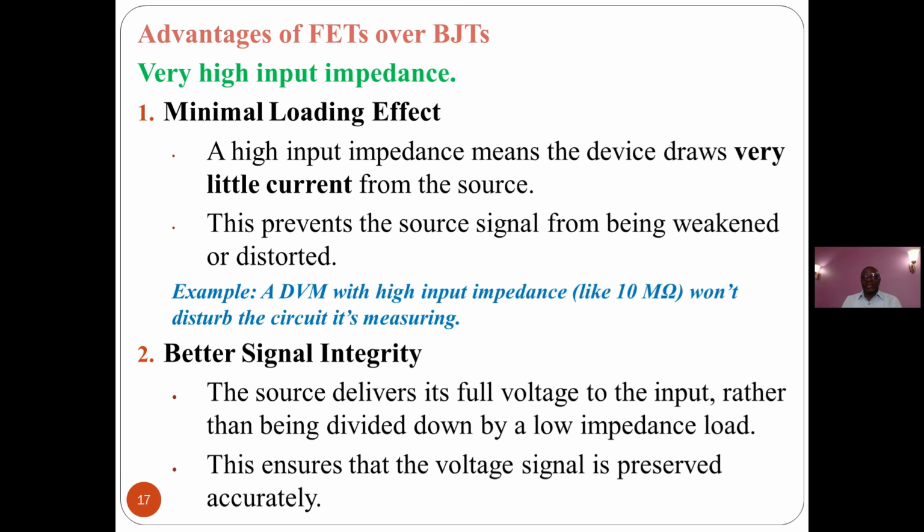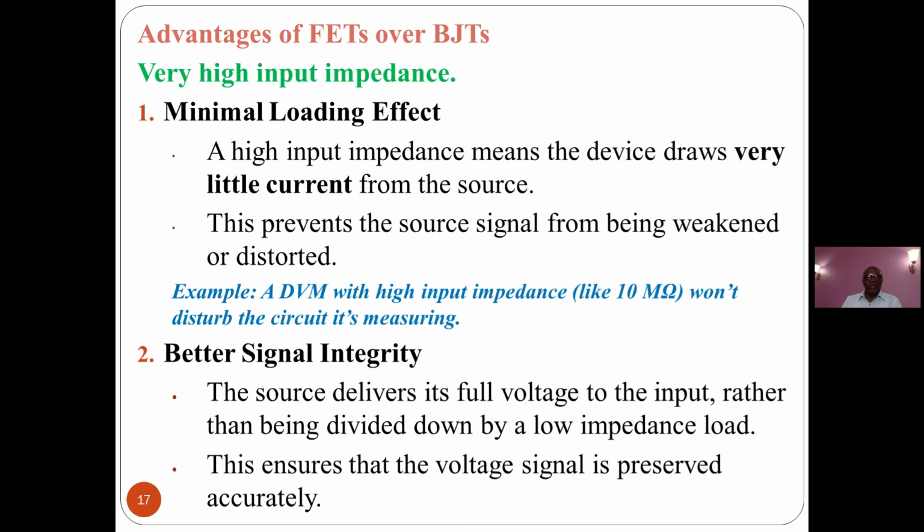When we say that a device has high input impedance, the meaning is, one, they have minimal loading effect. A high input impedance means that the device draws very little current from the source. This prevents the source signal from being weakened or distorted.